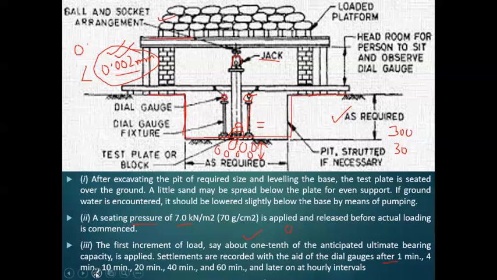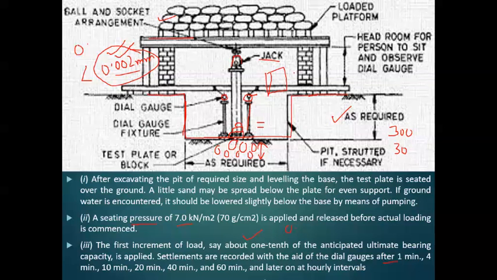Then after taking the load and corresponding settlement, if you know the lower plate dimension, for example 700 mm by 700 mm, you can calculate the area of that particular plate.